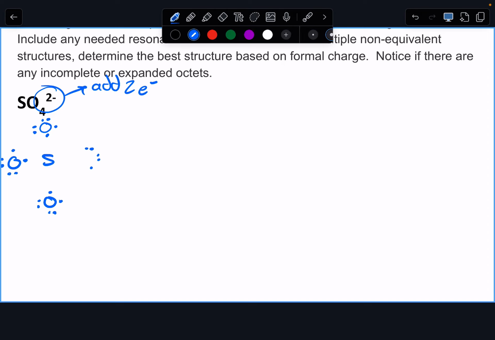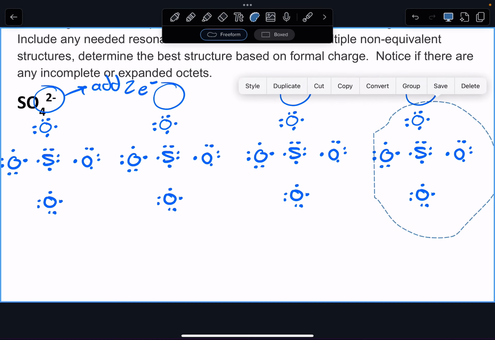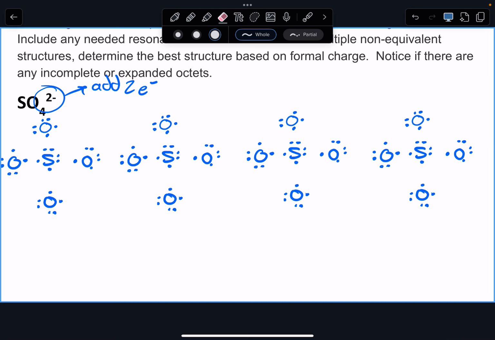It just incorporates all of the stuff way better. Oops, so I'm missing one over there.